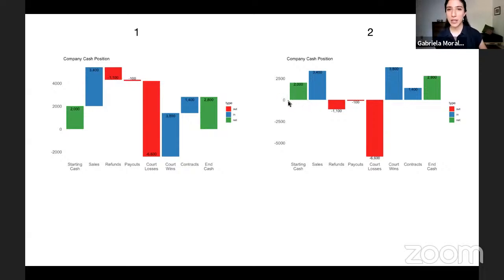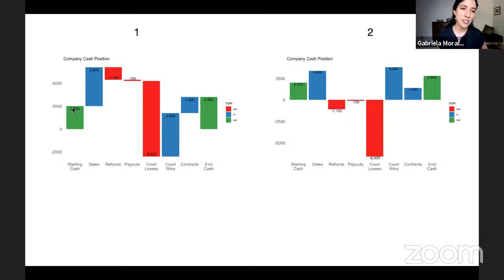Number 2, because they all start at 0 and you can see you gain some in starting cash, gain some in sales, lost some in refunds, lost in payouts, lost in court losses, and so on. Number 1 is actually a very popular kind of graph in finance, and people usually like it because each column starts at the end point of the last one.